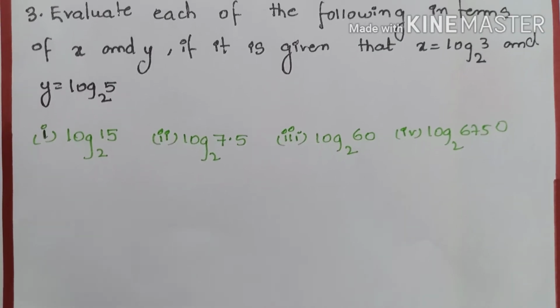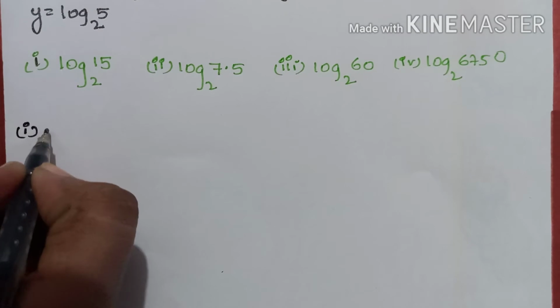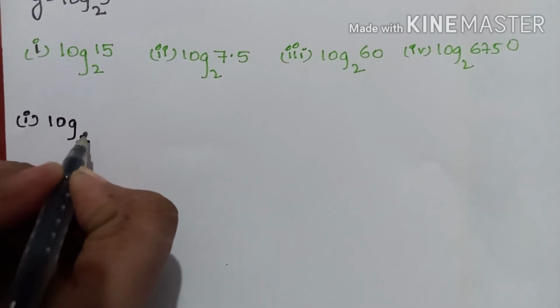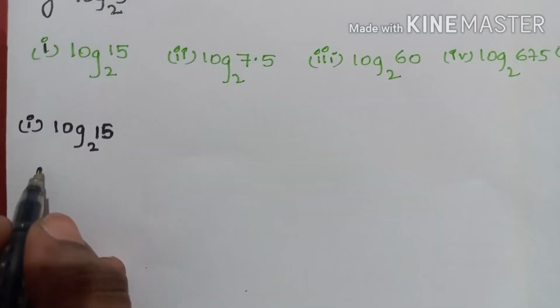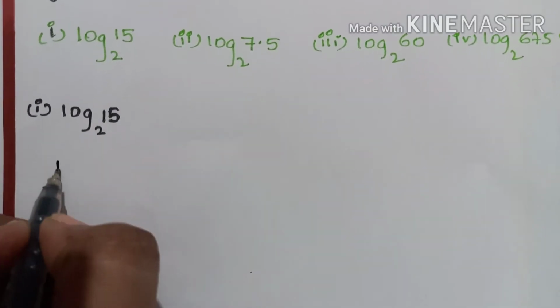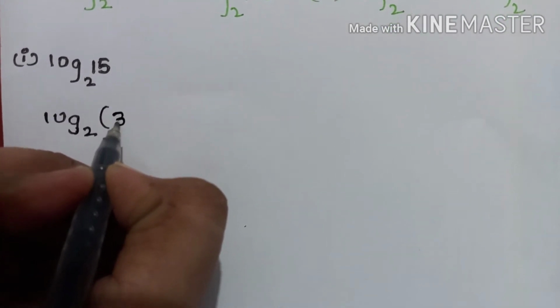Now let's start solving. The first question, which is log 15 to the base 2. Now this 15 can be written as 3 into 5.